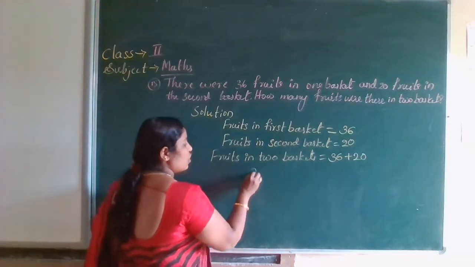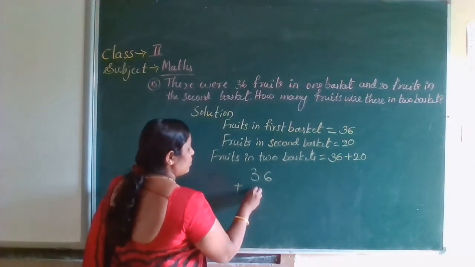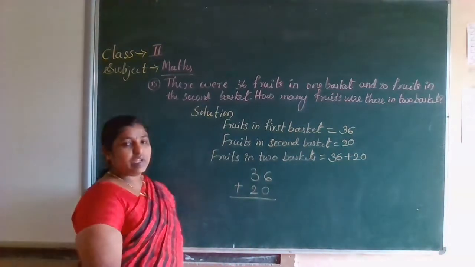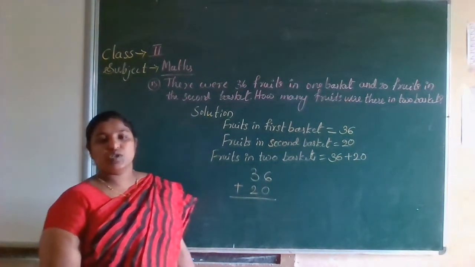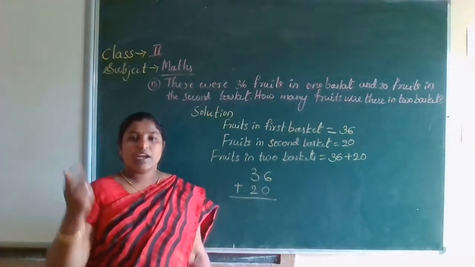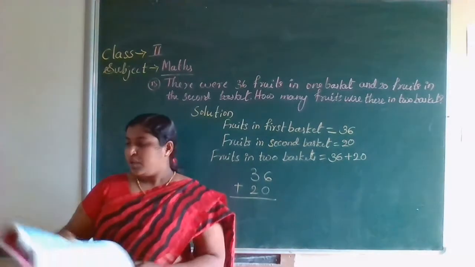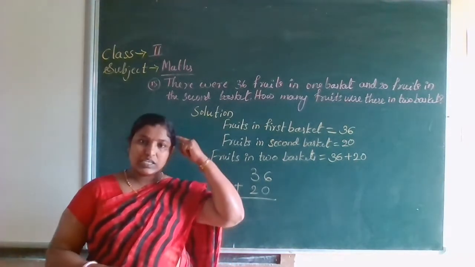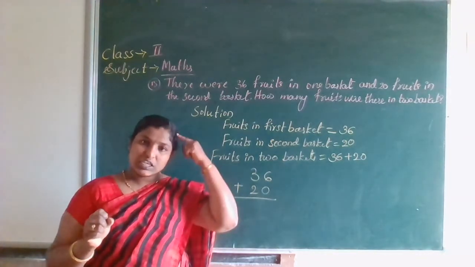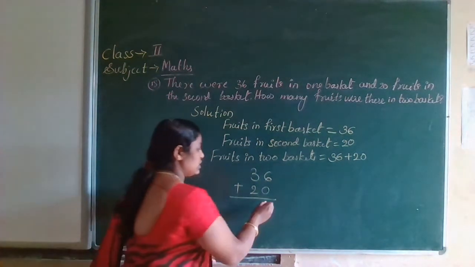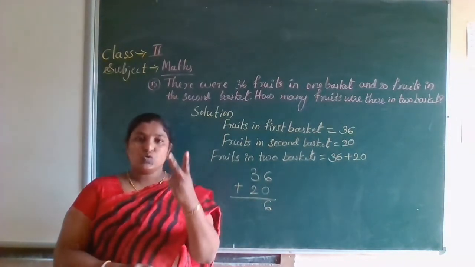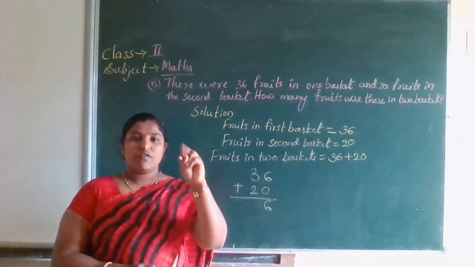So write in a column 36 plus 20. Add this, 6 plus 0. How to do 6 plus 0? Big number in your mind and small number in your hand. Big number in the sense 6. 0 means nothing, no number at all. 6 plus 0, 6. 3 plus 2, 3, 4, 5.